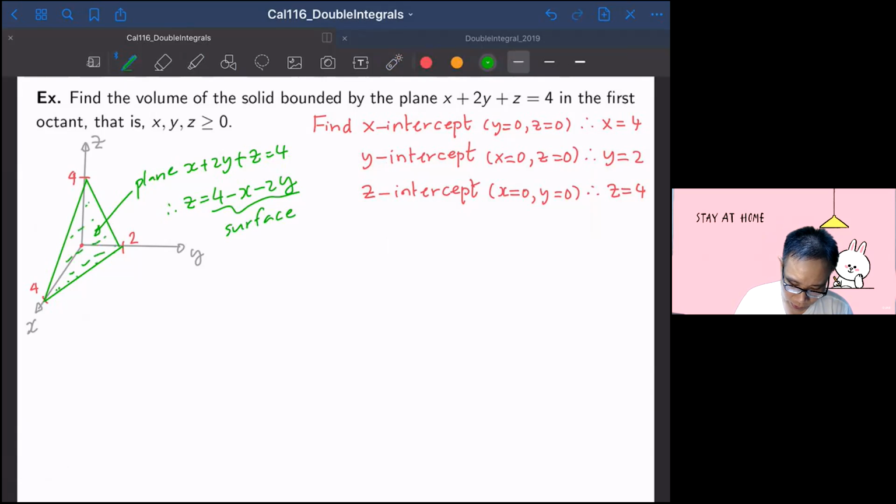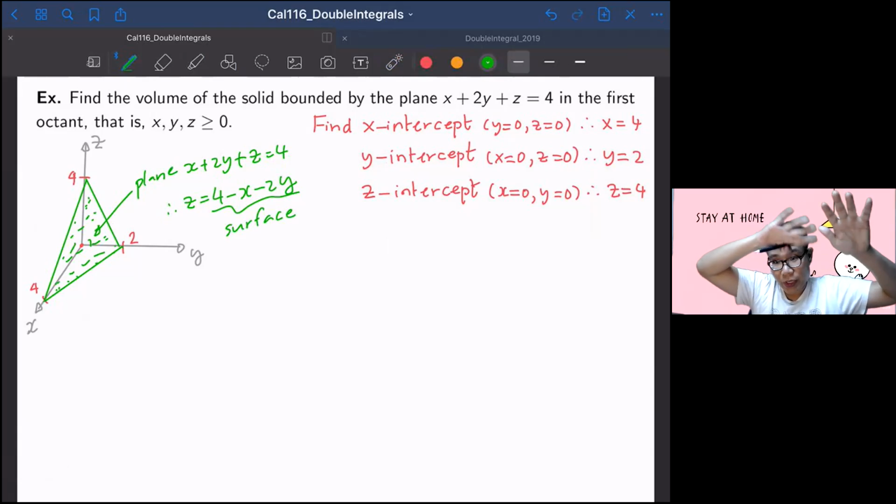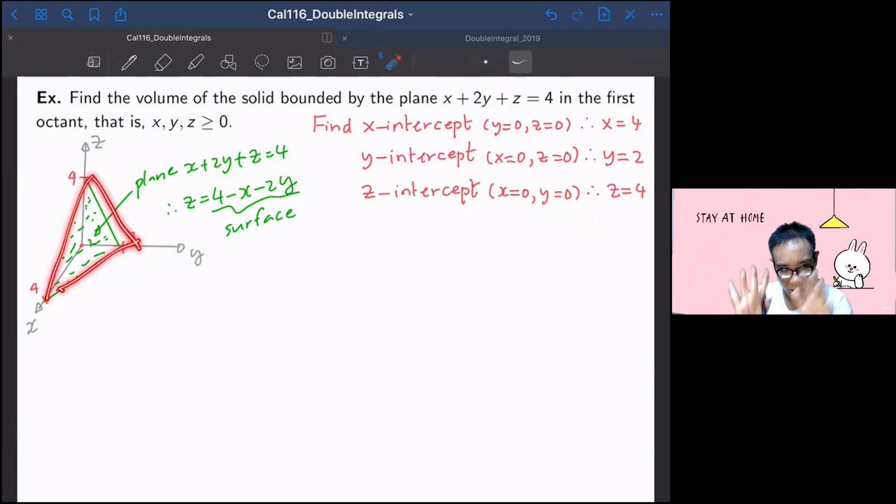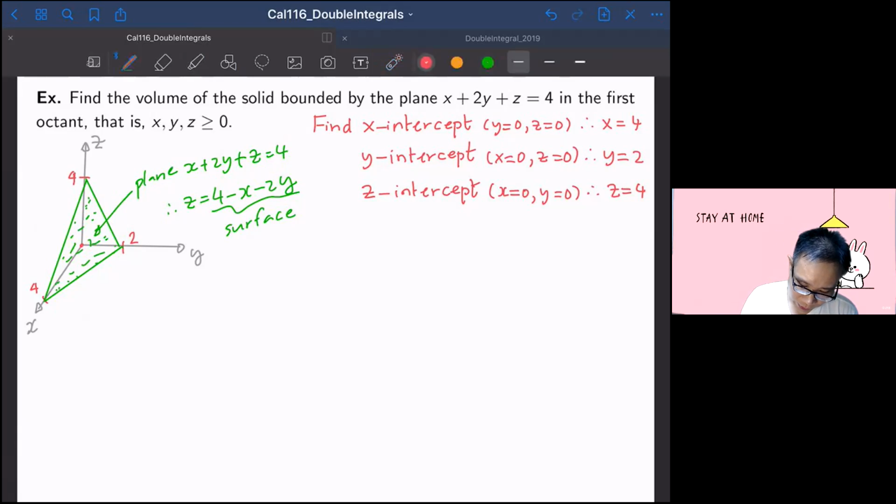It's going to be the piece of paper here. It's not going to be below. The plane is just thin like this, and it's going to be this plane. So imagine that you have the triangle at the corner of the room. And you see also that the region is down here.